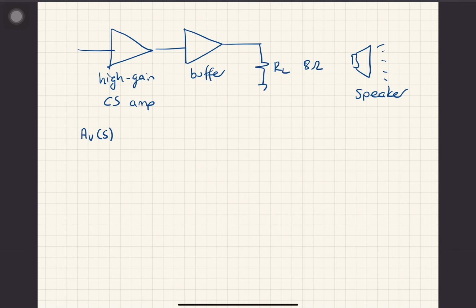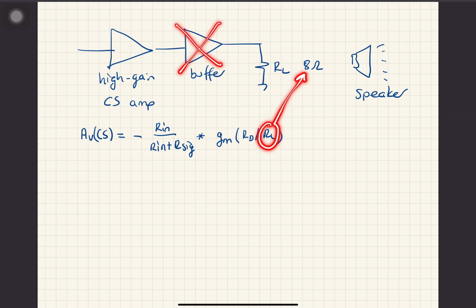AV of CS was a negative one, Rin over Rin plus R signal, times Gm times Rd in parallel with RL. So if you do not have this buffer in here, your RL is directly this thing, which is 8 ohm. If it is 8 ohm, this term will be very small, and because of that, you cannot achieve a large gain with the common source amplifier.